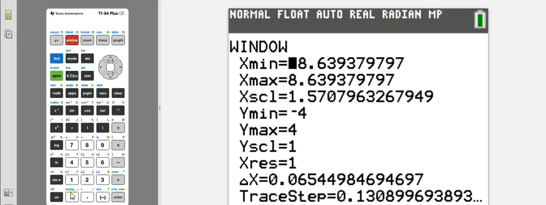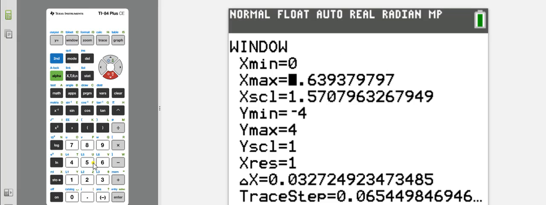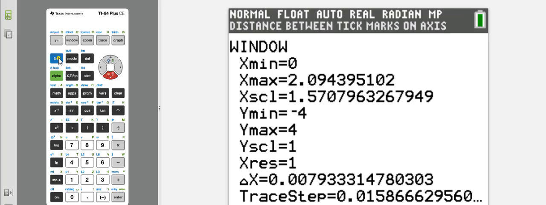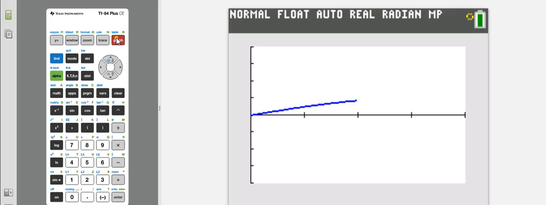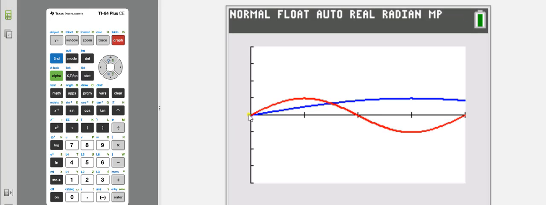Let's go from 0 to 2 pi over 3 because that was the period for sine of 3x. X scale, let's make it pi over 6. So as you can see, this is one cycle of sine of 3x. And notice what's happening to sine of x. You don't even get to see a full cycle of sine of x.